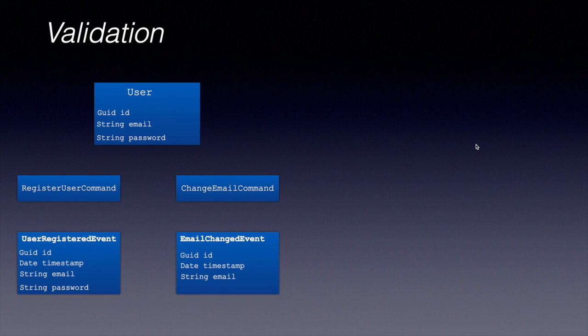If the user wants to change his email ID, he can easily change it, and once the email is changed, an email changed event will be registered in your event store. Here, if your business domain says that the email ID should be unique in your event store, then we should take care of proper validation.